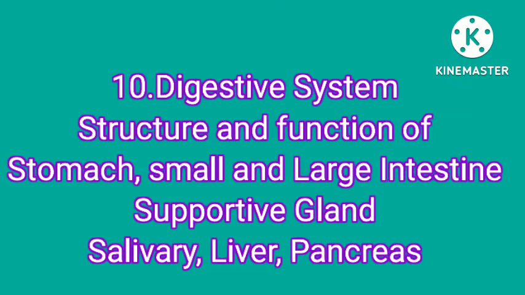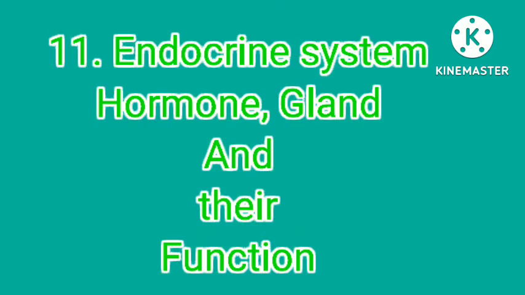Then we will study the stomach, what is the function of the small and large intestine, and then we will study the supportive glands like the salivary gland, the glands secreted from the liver, etc. Then we will study the endocrine system, what is a hormone, which gland is called the master gland, and we will also study the pituitary gland, thalamus, pineal gland, thyroid gland, pancreas, adrenal gland.